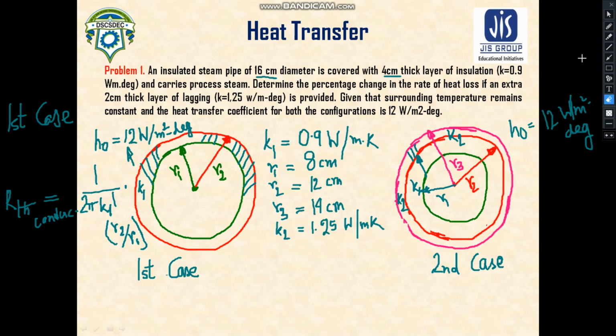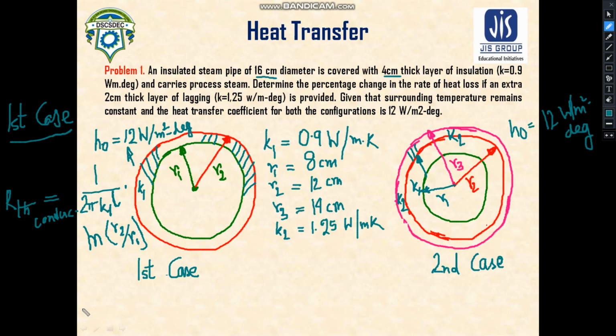Now you can find the conductive resistance, and you know the values of R2 and R1. You don't know the value of L, so keep it as it is, and you know the value of K1. So this is the conductive resistance which is present in the first case.